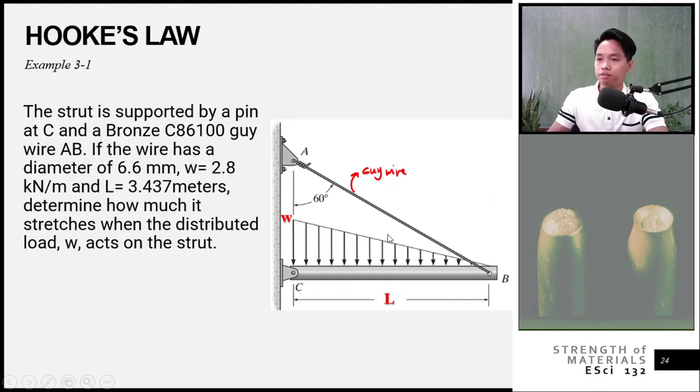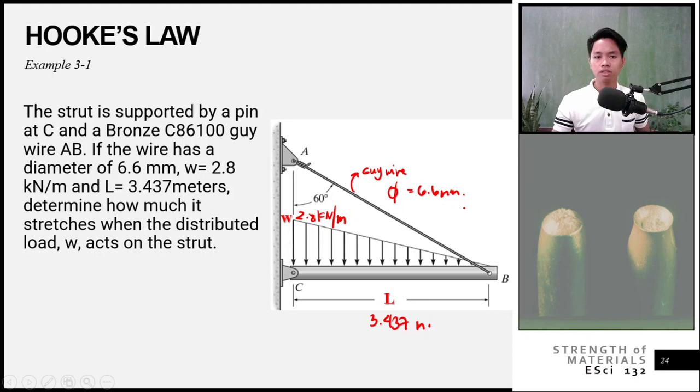It has a diameter of 6.6 mm, and the distributed load w is 2.8 kilonewton per meter, over a length of 3.437 meters. So there are a lot of given values.